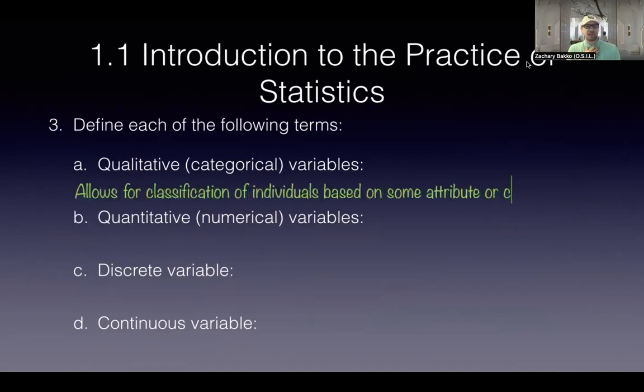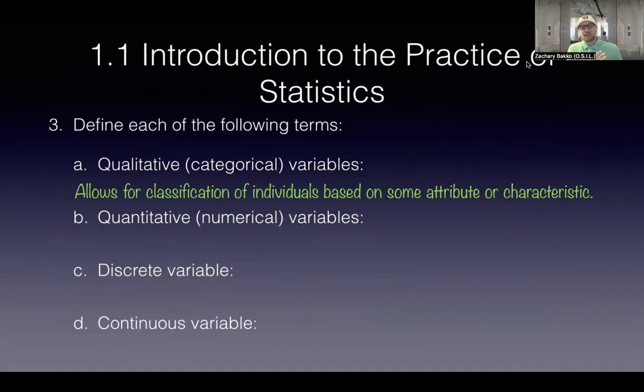So categorical data allows for classification of individuals based on some attribute or characteristic. We could think of categorical variables as something like hair color, or favorite movie, right? When we're looking at those variables, they're usually words that are the answers.